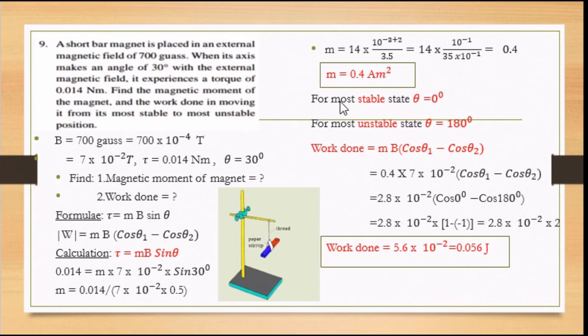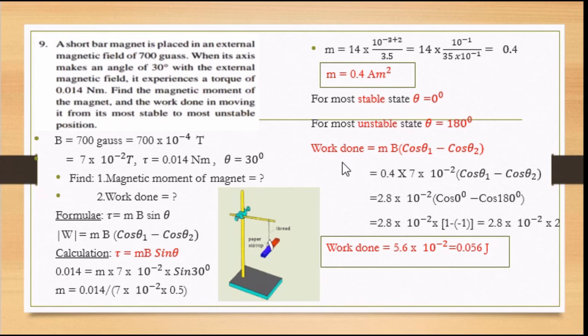First of all, for the most stable state of the bar magnet, whenever theta is 0, the magnet is in most stable state. When theta is 180 degree, the magnet is in most unstable state.